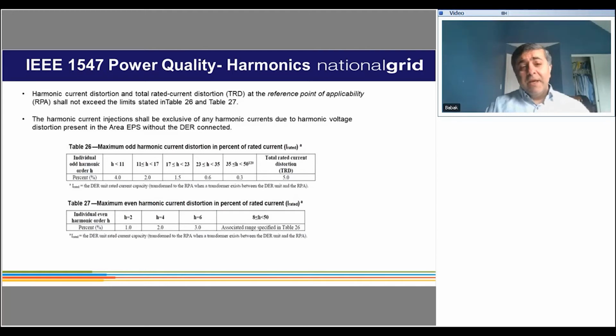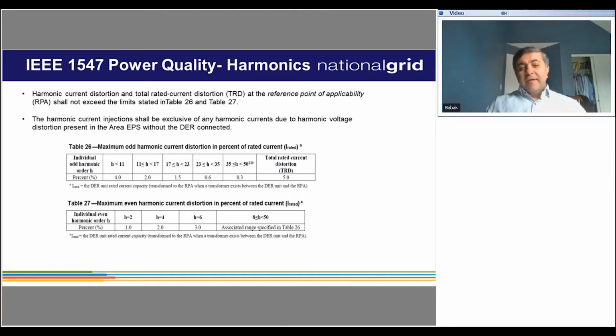The 2003 version of the standard did not have the even harmonic table, but as we were seeing higher and higher magnitude or number of power electronic devices connected to the grid, plus nonlinear loads, it's anticipated that we will have some even harmonics on the system. So we define the limit for those harmonic levels as well.